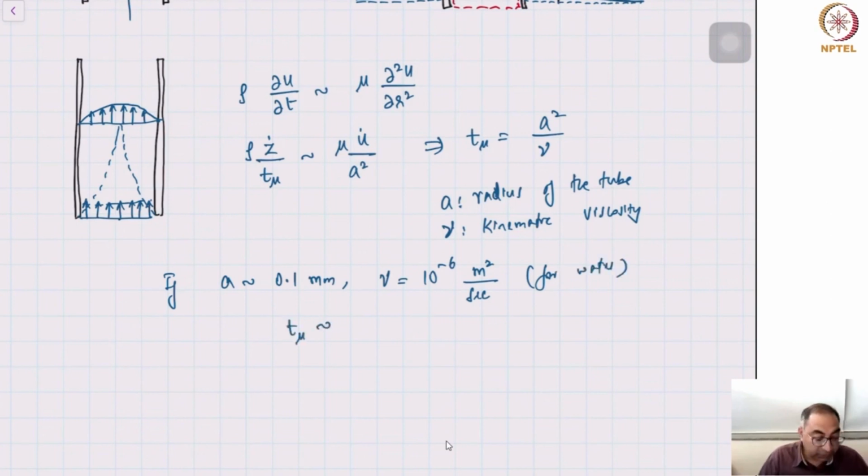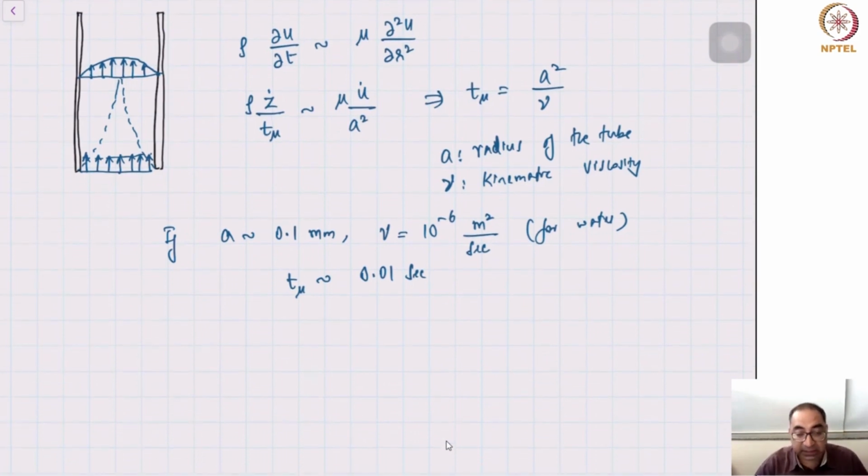Then the estimate for t mu would be something like 0.01 seconds. So what I'm trying to convey is that if the tube is very thin, then you would expect a fully developed state to be achieved practically instantaneously. So a fully developed state assumption is a fairly good assumption.